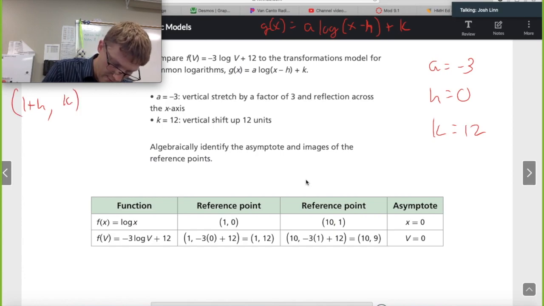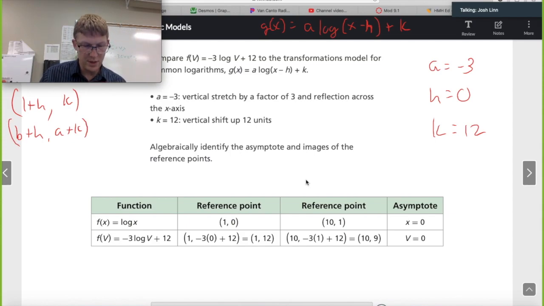And then we have b plus h, a plus k. So we can use those to find our new reference points. Since it is a log base 10 function, the reference points of our parent function are 1, 0, and 10, 1. It's not something you necessarily need to find the next reference points, but it's good to know.